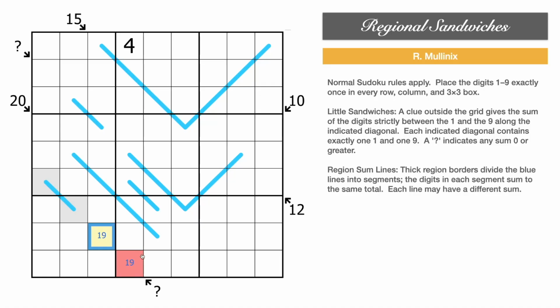The next location to look at is this diagonal, the 20. Along this diagonal, it's very hard to put 1 and 9 on the region sum line. If you put the 1 on the region sum line, then in order to make up for 20, these three digits have to sum to 20, which forces a 9 down here.